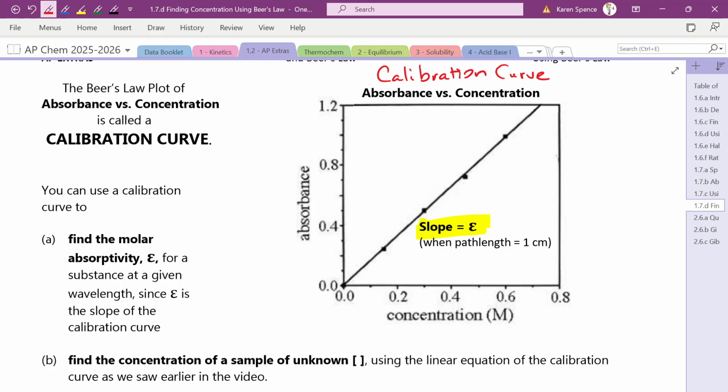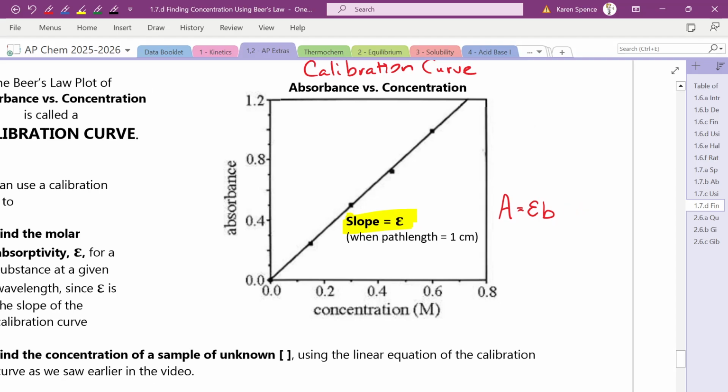Because if you remember, absorbance is equal to epsilon times B, which is the path length, times the concentration. And B is the path length, and it is constant, so we can ignore it.